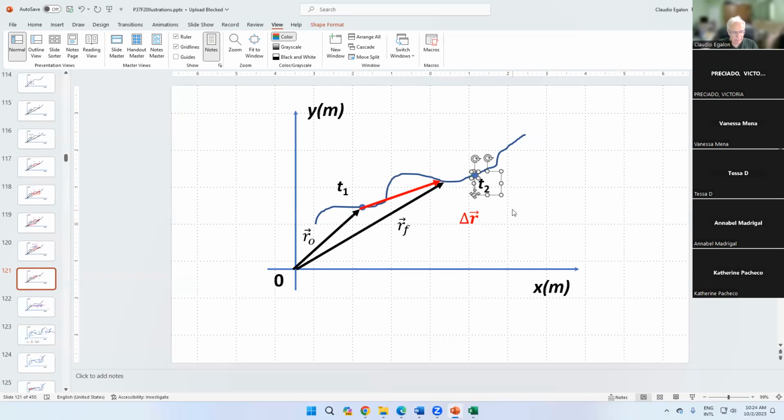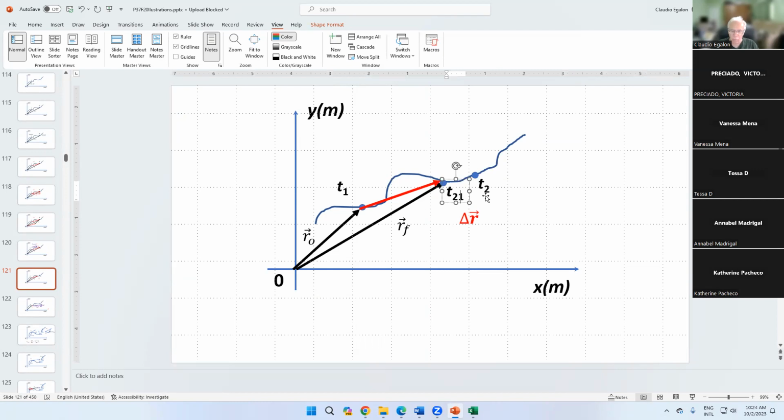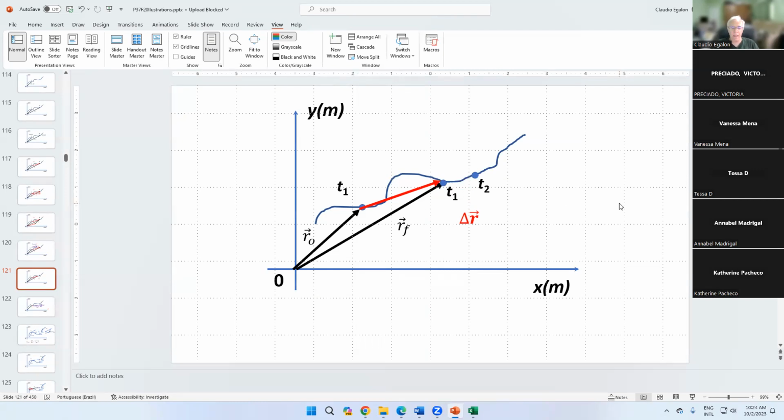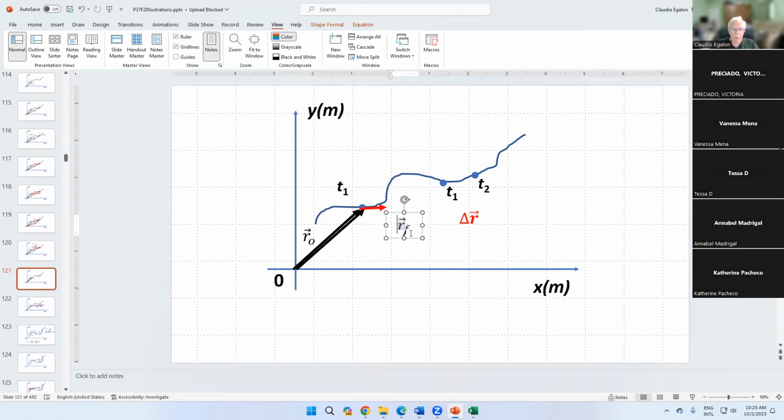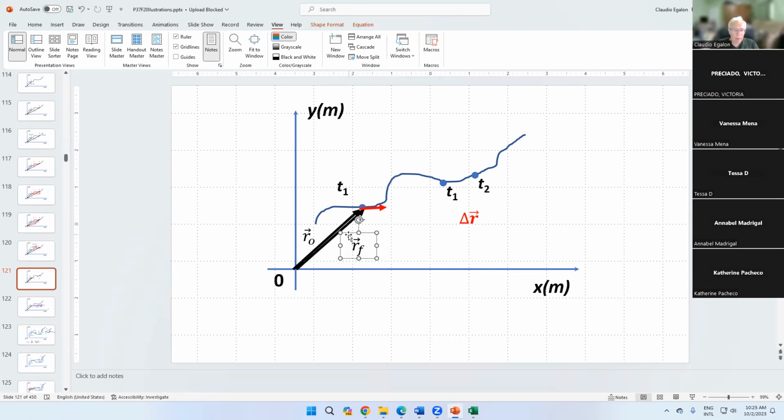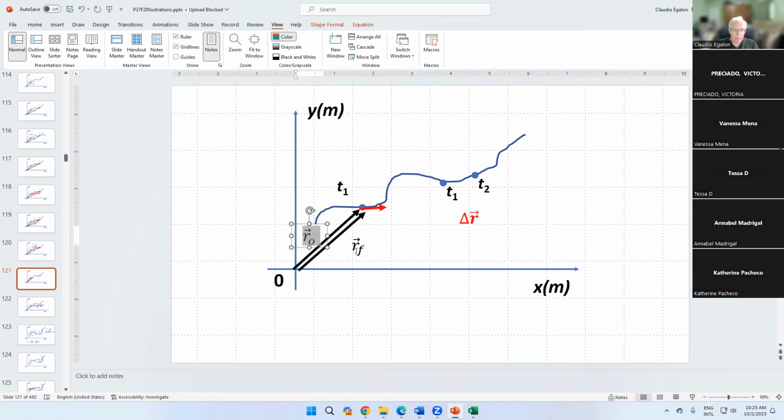I'm gonna state that's gonna be my T1 now. That's why I put T2 initially. As delta T and delta r go to 0, something interesting happens. The resulting velocity vector ends up tangent to the path.